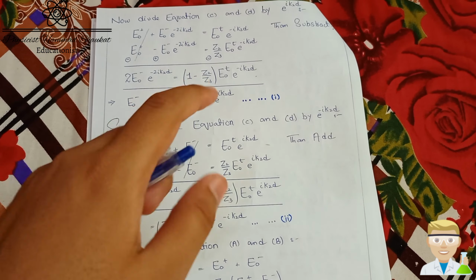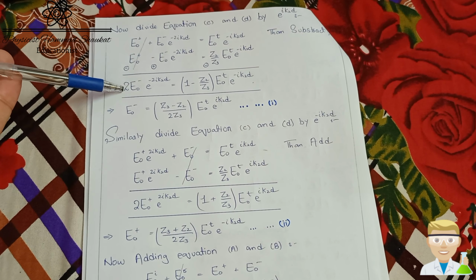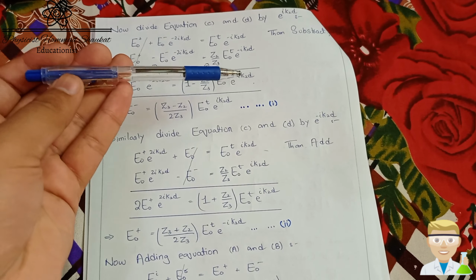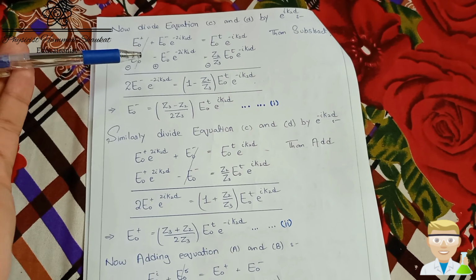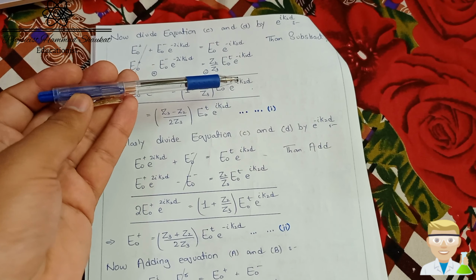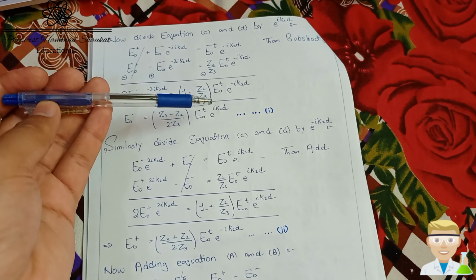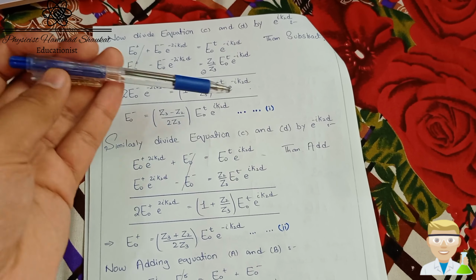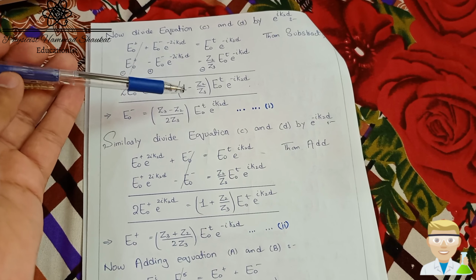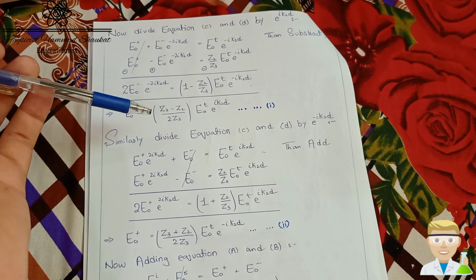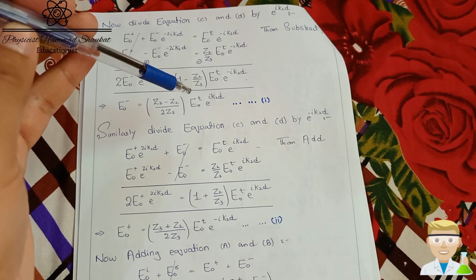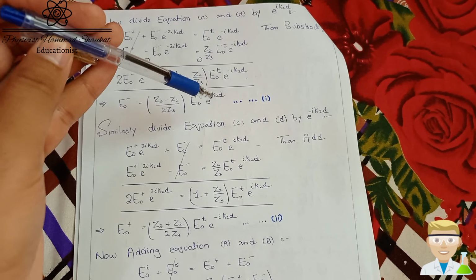So for E0 minus, we move this 2 and this exponential to the other side. The exponential terms combine, so it becomes iota kd, and E0 is as it is. This 2 divides to the other side, and after taking the LCM you get E0 minus equals z3 minus z2 divided by 2z3 multiplied by E0 t e power iota kd.